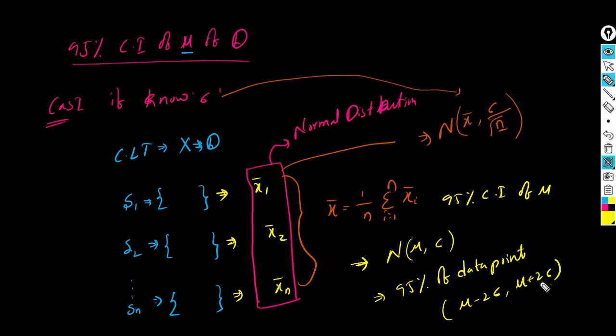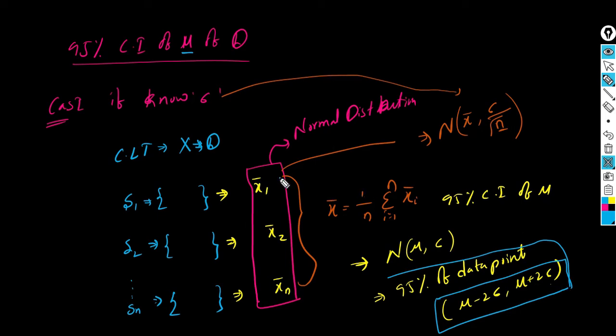We observe this thing here, because it is a normal distribution, 95% of data points lie between these two values.